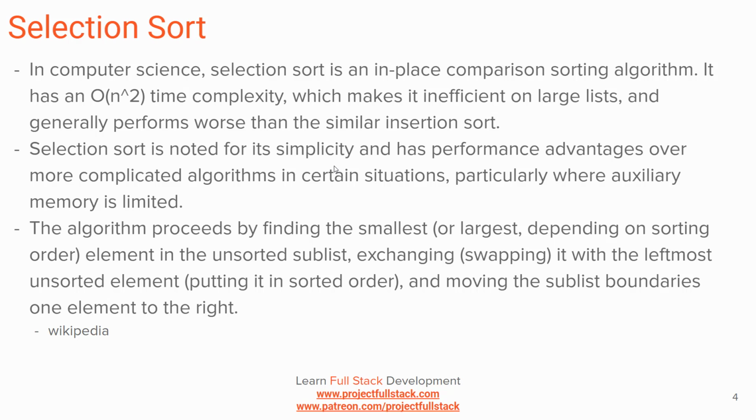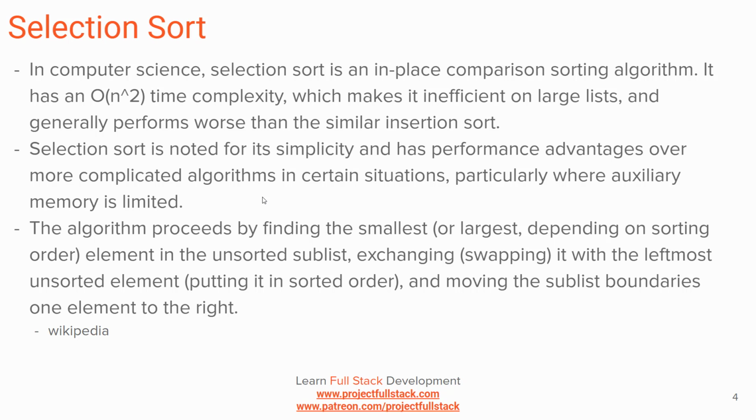Selection sort is noted for its simplicity. It is very simple. It does have performance advantages over more complicated algorithms in certain situations, particularly where auxiliary memory is limited. All this is saying is if you're memory limited, you don't have much memory to play around with, selection sort is pretty easy because you basically just swap one or two indexes at a time.